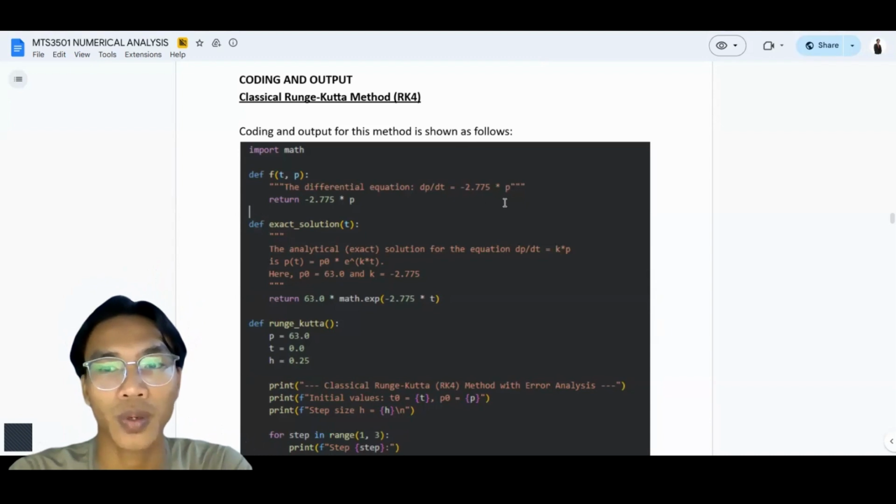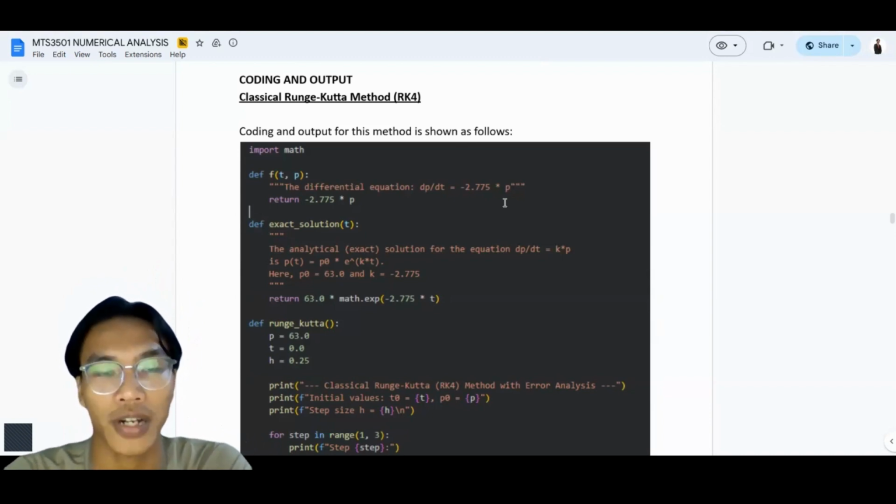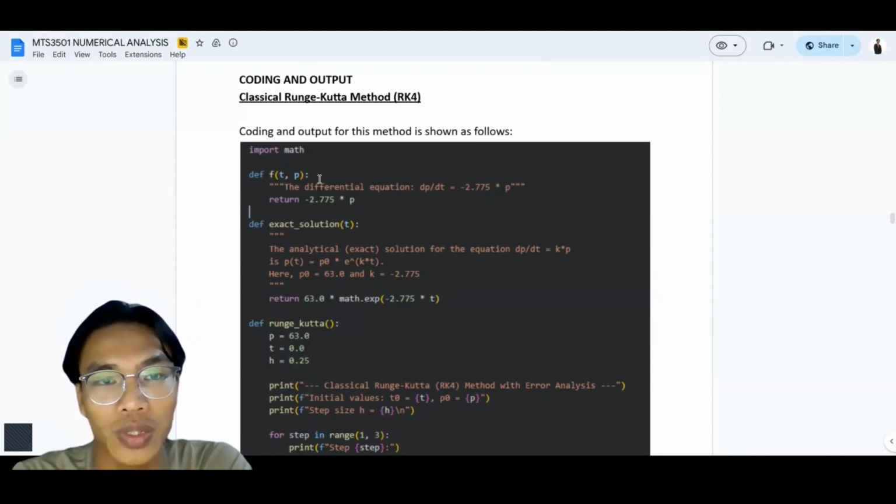Next, I will walk you through the actual Python implementation of the classical Runge-Kutta RK4 method as shown in our report and analyze the specific result we generated. First, we define two functions, def f(t, p).